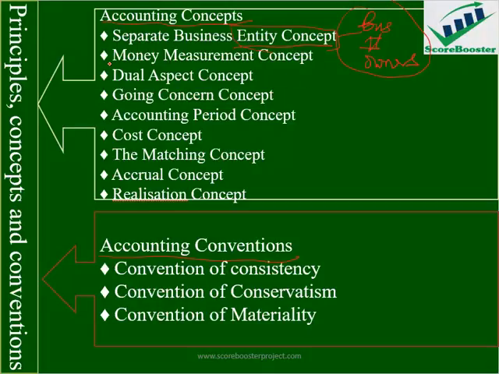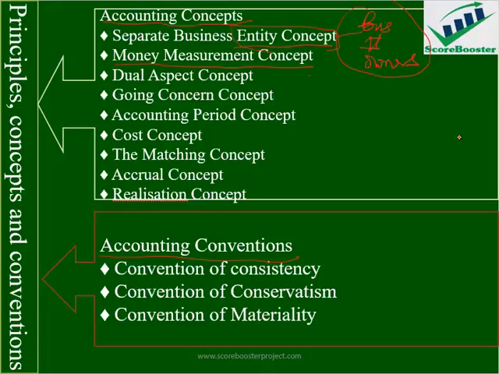Another concept is what we call money measurement concept. Here, whatever is going to be recorded from bookkeeping and accounted for in the accounting process must be in monetary terms. I must say, okay, I bought goods worth 20 million naira, 10 million naira, 4 million naira.